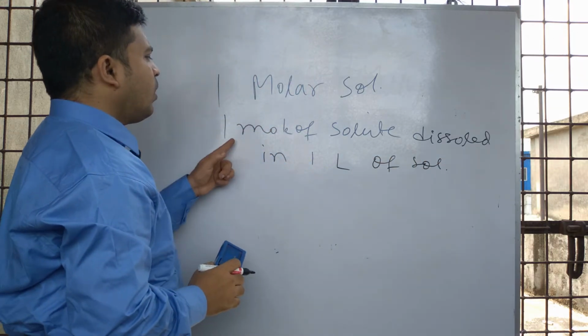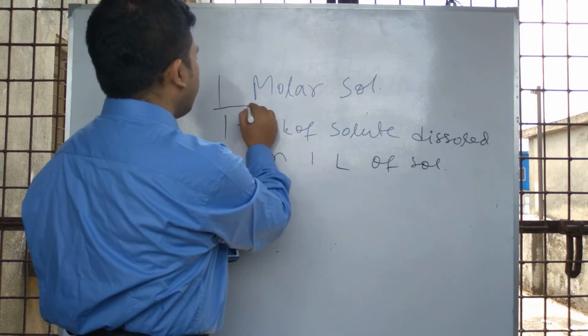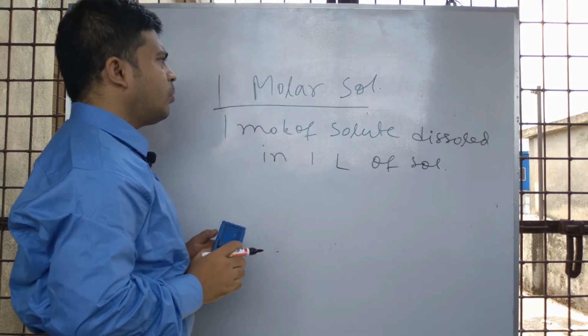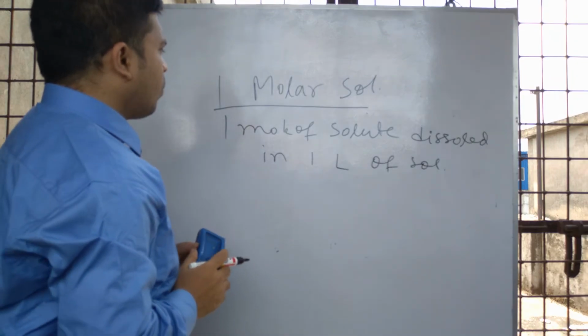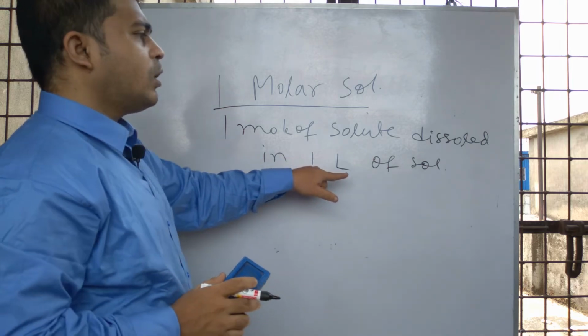If 1 mole of solute is dissolved in 1 liter of solution, we define this as a 1 molar solution.